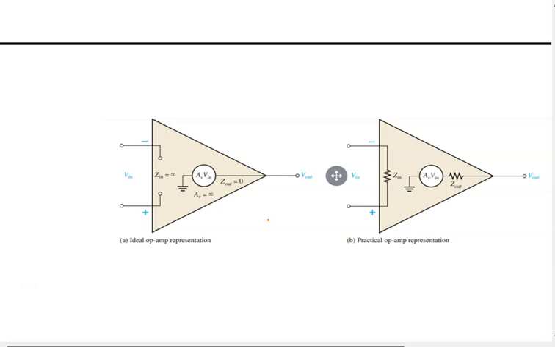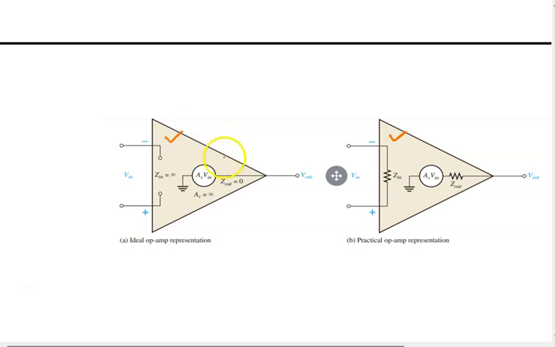An op amp can be in an ideal situation, or it can be in a practical situation. The practical situation is when we have the components mounted on a circuit board and it's working physically. An ideal situation comes with software. Assuming I'm simulating it, I'm going to get the ideal situation, but when I'm building it physically, it goes with a practical situation.